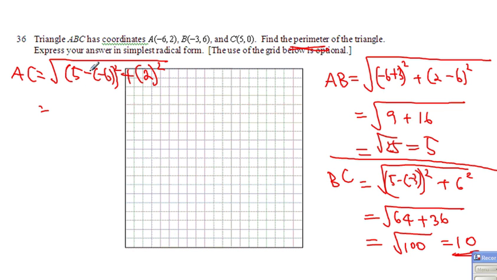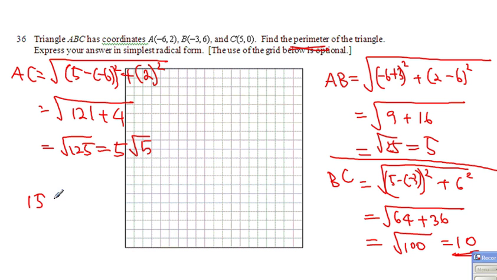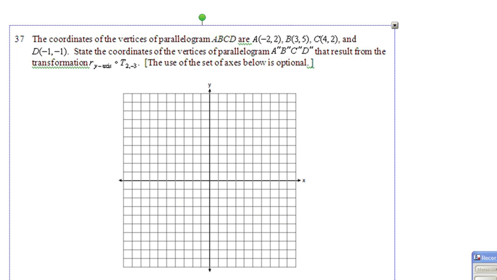Now here we have 11 squared, which is 121, plus 4, which is equal to square root of 125. When you simplify this one, then you will end up getting 5 square root of 5. And our final answer is we have to add up all 3 of them. Therefore, we get 15 plus 5 radical 5. That becomes our answer.